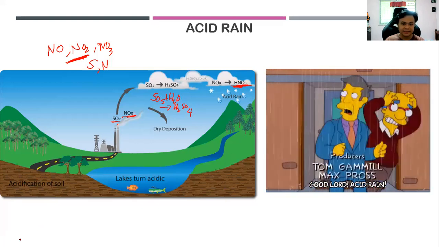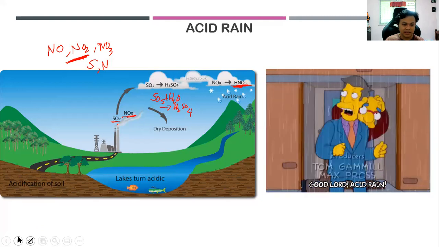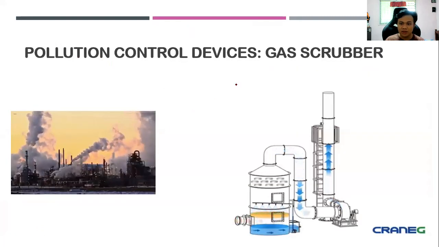And next, what are we doing? As chemical engineers, what are we doing? These are the industries. For example, this is the exhaust from the plant. This is an oil refinery.